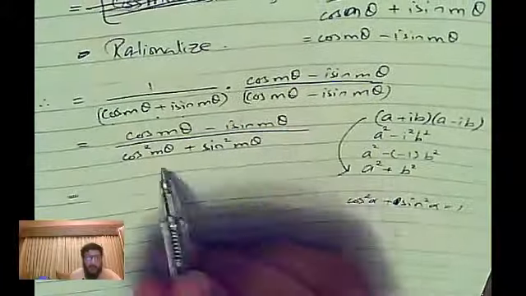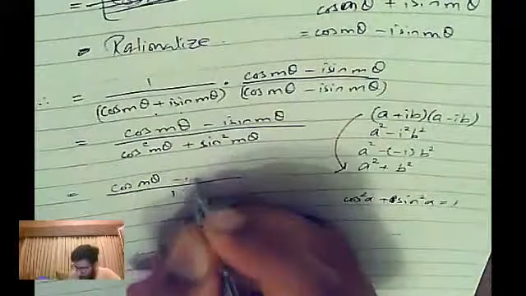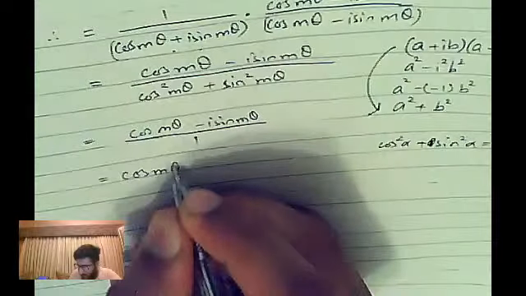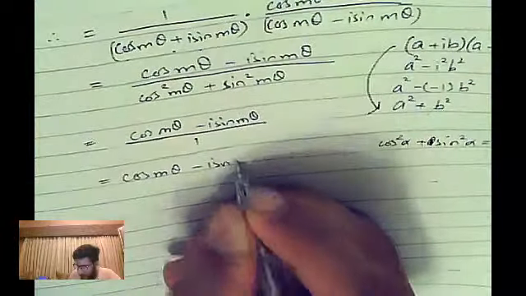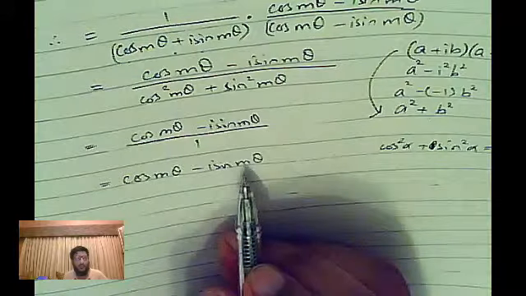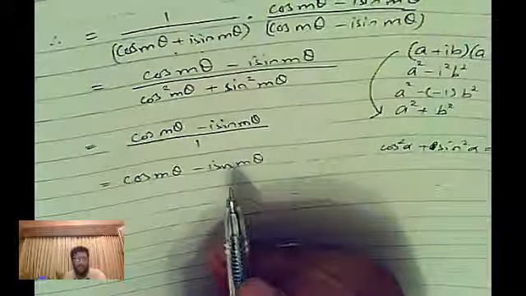The angles are the same, m theta, so we can write all of this as 1. So we have cos m theta minus iota sine m theta. There is just one problem. This minus should be inside, right?